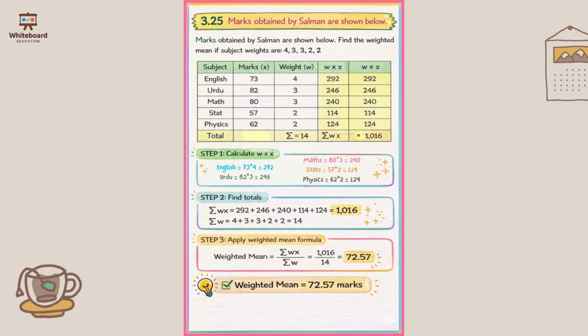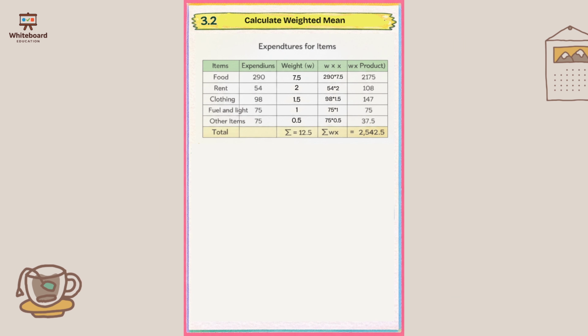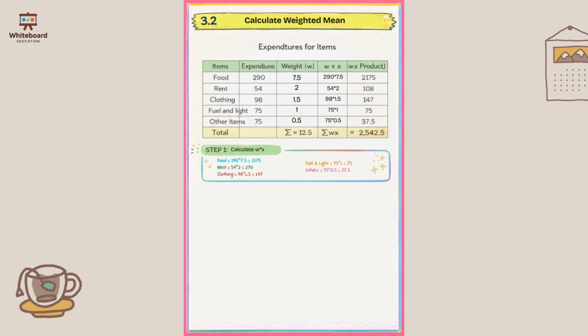Next is question 3.26. Calculate weighted mean for the following items: food, rent, clothing, fuel and lights and other items. So here we create a table to calculate the weighted mean. Step 1 is to calculate the wx, i.e. multiply the weights with the expenditure for each item, like for food 290 multiplied by 7.5. Step 2.